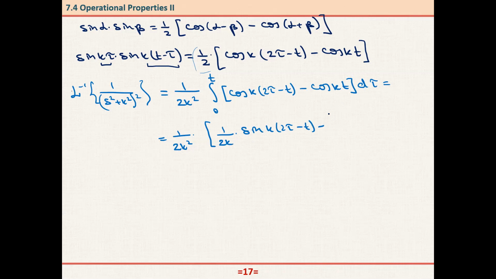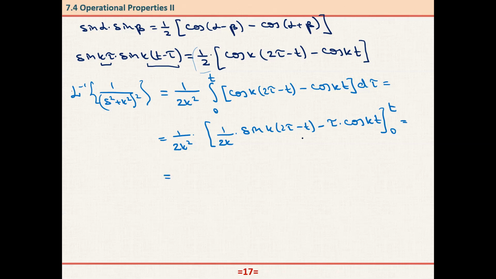Minus, how about here? That thing is equal to this one here, kt, right? Our independent variable is tau. There's nothing to do here with respect to tau. It's just a constant function. So here we have tau times cosine of kt. And this tau changes from 0 to t.